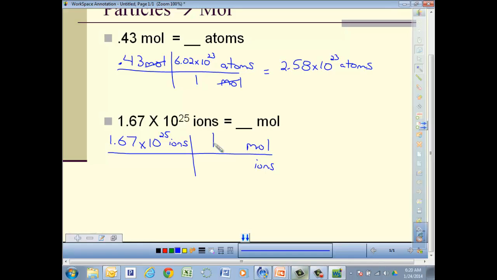The conversion that we have, 1 mole is 6.02 times 10 to the 23rd ions. When I take 1.67 times 10 to the 25th and I divide it by 6.02 times 10 to the 23rd, you'll end up with 27.7 moles. Okay, so again, just kind of an easy conversion between particles and moles and moles and particles.